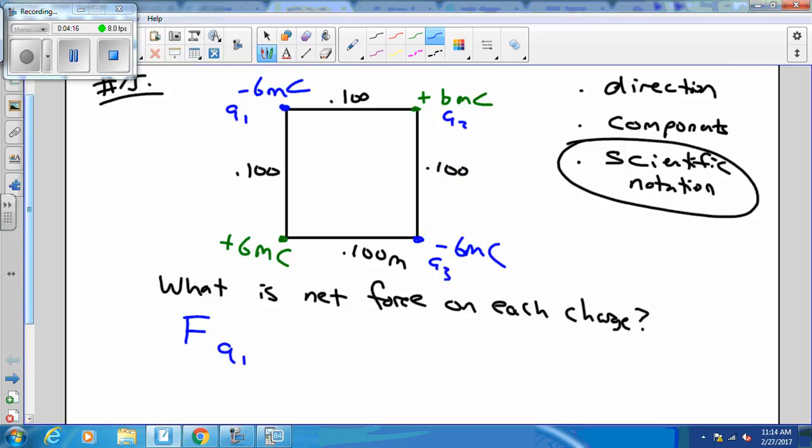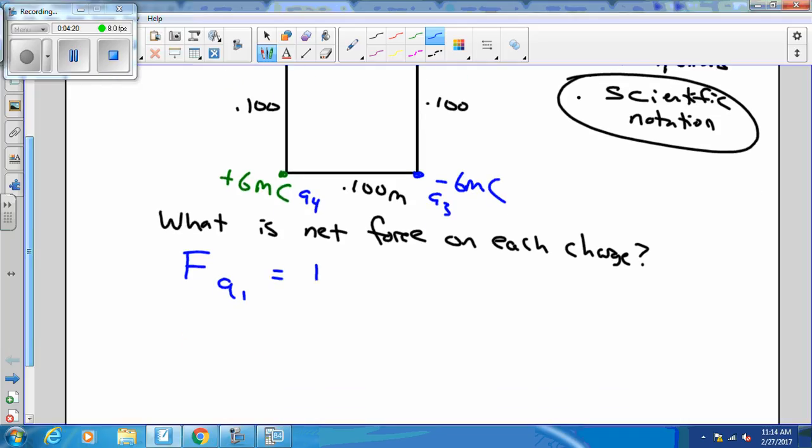Q2, Q3, Q4 is going to be the sum of the forces from 2 to 1 plus 3 to 1 plus 4 to 1. And just by organizing it like that, I make it less likely that I will skip one. Because I can count 1, 2, 3.